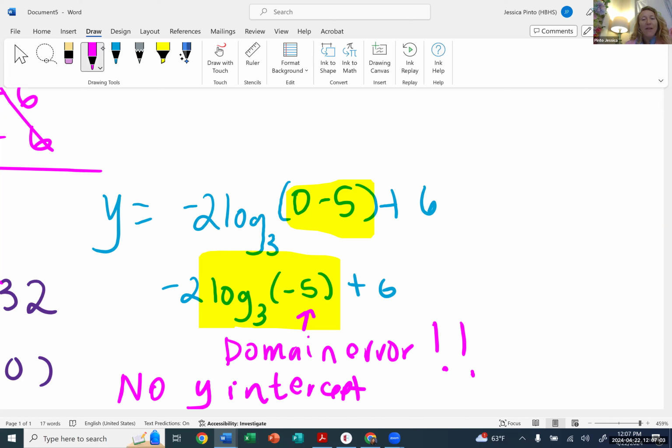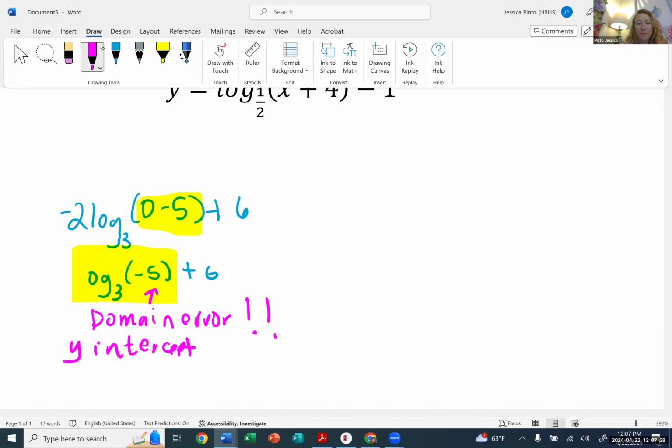So when we look at the graphs of logs compared to exponential, you'll see that one has a domain restriction and one has a range restriction. And so when there's a range restriction, it's possible that there's no x-intercept. When there's a domain restriction, it's possible that there's no y-intercept. Pretty cool.